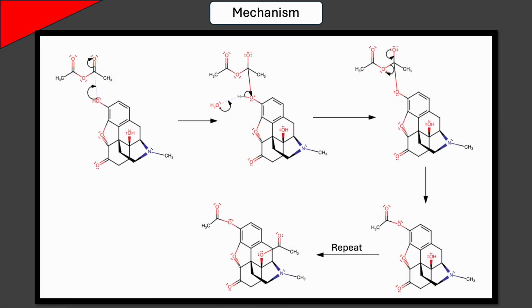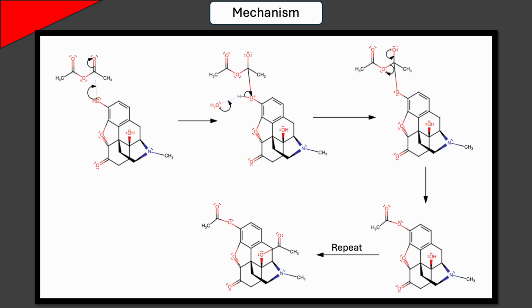Here we have the OH group on the benzene, specifically the lone pair on the oxygen, attacking the carbonyl. Why is it attacking the carbonyl? It is because it is electrophilic, and this is due to the adjacent atoms withdrawing electron density from it. From this attack, we can see the pi bond between the C double bond to O break and go towards the oxygen.